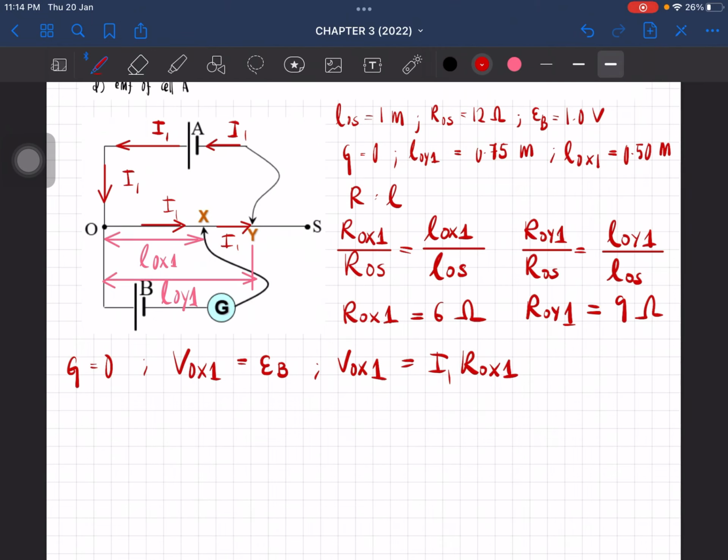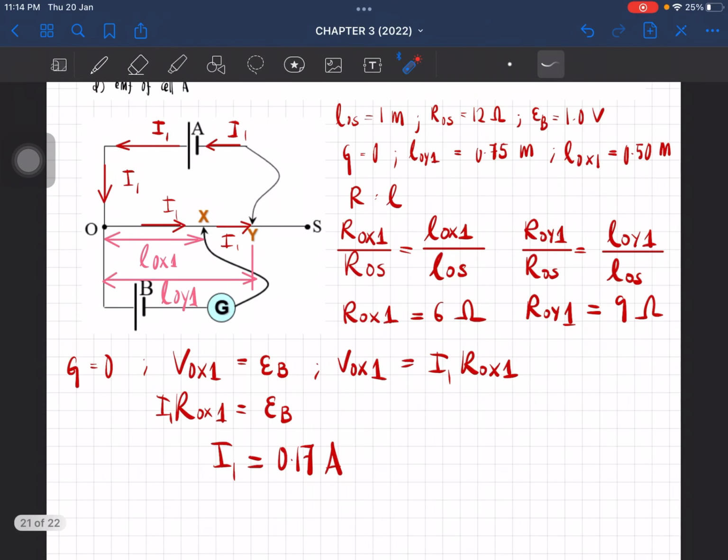So we just substitute I1 ROX1 to be equal to EMF B. From here we get I1 is equal to 0.17 ampere, because we have the value of EMF B and the resistance from point O to X.